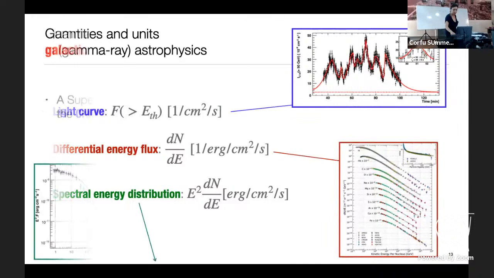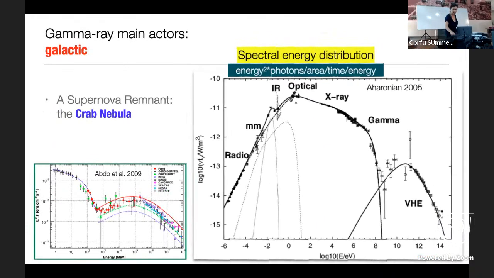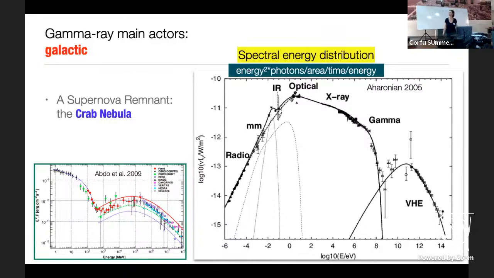Okay, so let's come back again to the Crab nebula total emission. This is the spectral energy distribution of the Crab from radio up to the high energy range. You see that you have a huge bump at low energies and a smaller bump at the highest energy. This is not always the case.